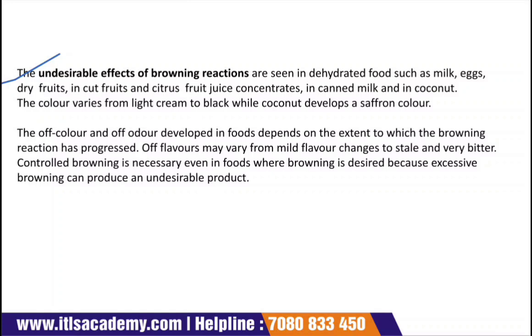It gives an off color and off odor, which is not acceptable to humans, and they have a very bitter taste. So it is very important that browning is controlled even in foods where browning is desired, because excessive browning can produce an undesirable product.